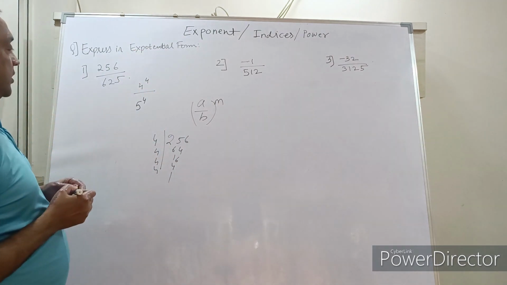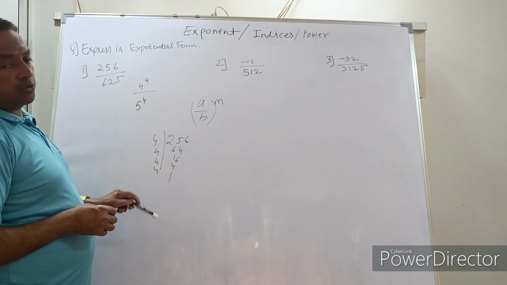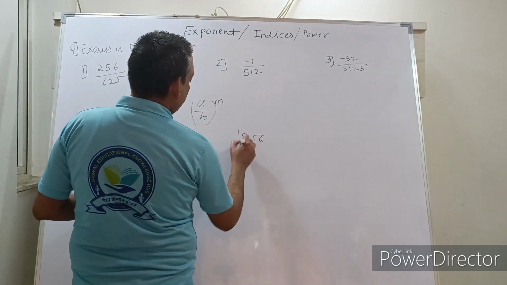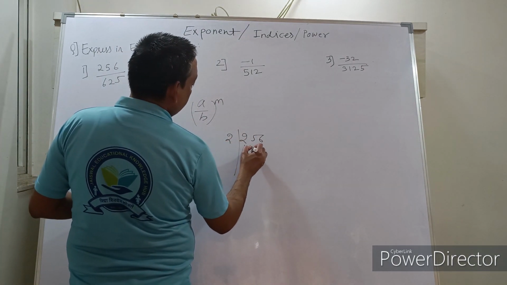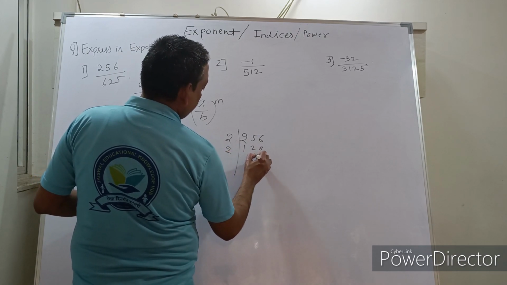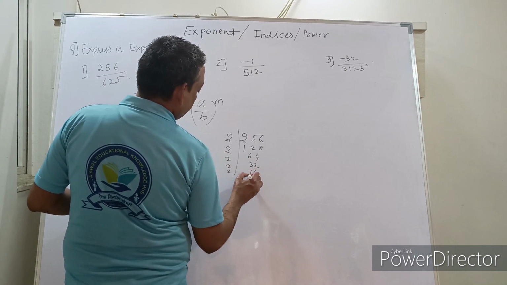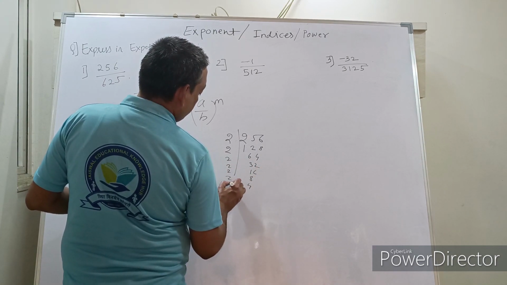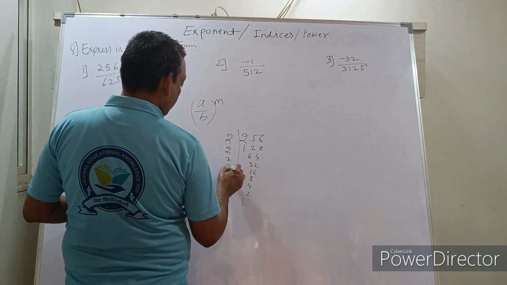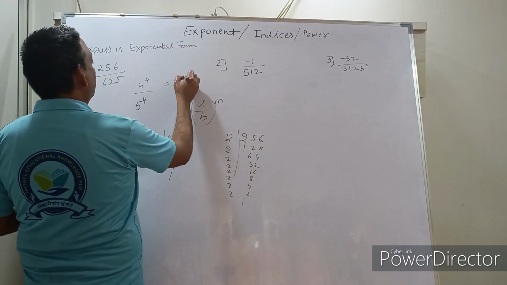Now the question comes: why did you take only 4 raised to 4? You can divide by 2 also to get 256: 2 ones, 2 fours are 8, 2 eights are 16, 2 sixteens are 32, 64, 128, 256. Counting, it will be 1, 2, 3, 4, 5, 6, 7, 8, so we can also write 2 raised to 8.